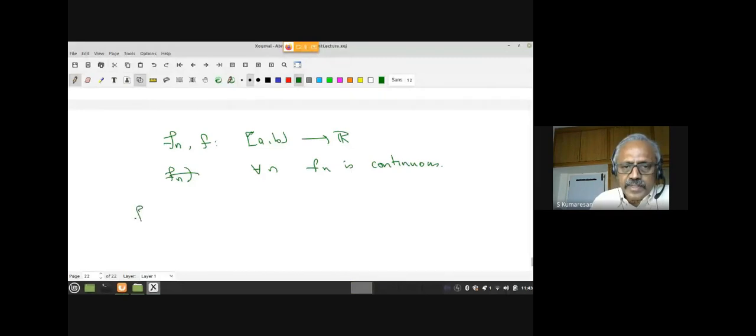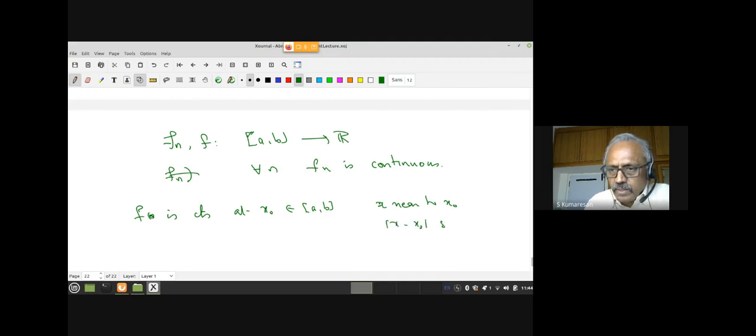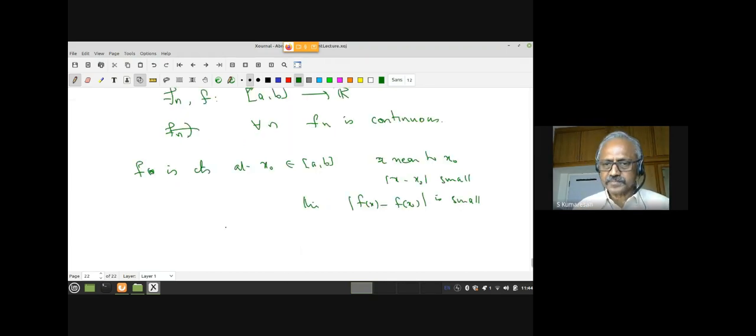If I want to say F is continuous at x naught in ab, what does it mean? It means if x is near to x naught, that is if mod x minus x naught is small, this is qualitative, then mod fx minus fx naught is small. This is the qualitative idea of continuity.